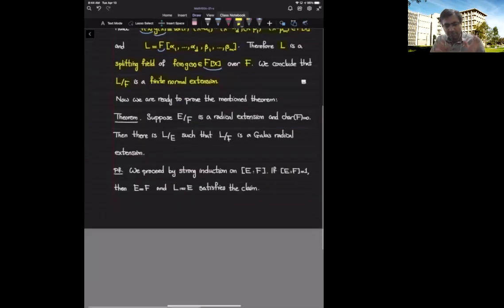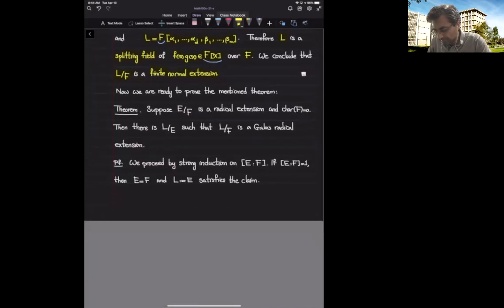Okay, so now we have all the needed tools in order to prove the result that I've mentioned earlier. Meaning, starting with a radical extension E, I want to find a further extension of E that is both radical and Galois. Here again, I don't want to concern myself with separability issues.